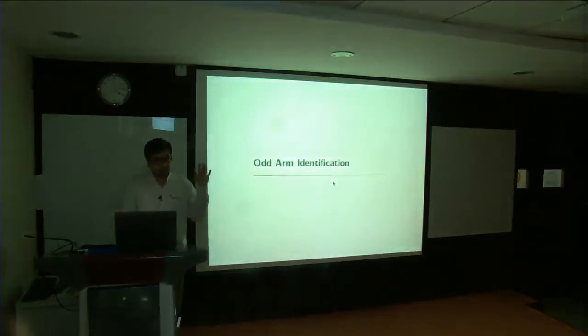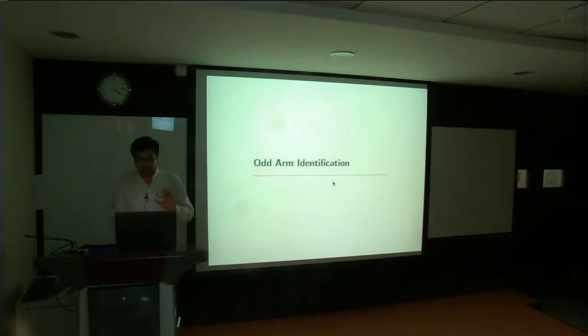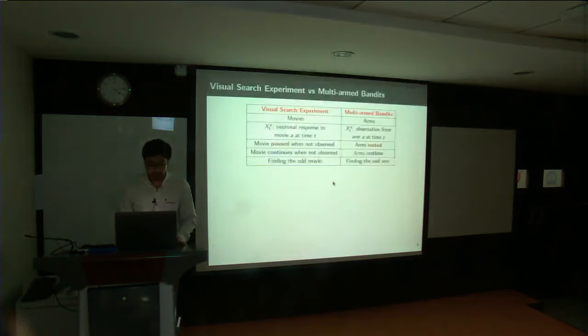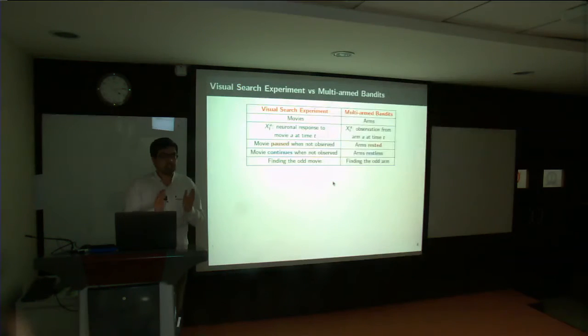Okay, so this problem which I showed you, one of detecting the odd movie, can be looked at as a problem of odd arm identification, which I'm about to explain now. There is a certain correspondence between this experiment and a topic called multi-arm bandits in machine learning. The movies that I showed you correspond to the arms of a multi-arm bandit. Think of these as the levers of a slot machine.